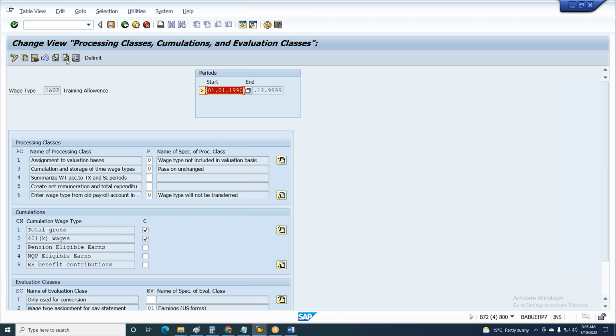Next, 1A02, it's part of nothing. Are we using training allowance in the rates calculation? No, sir. It's not part of the rates. Can we leave it blank? Is it a mandatory processing class?